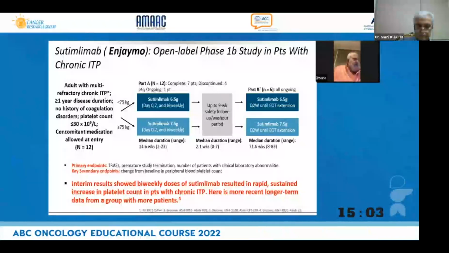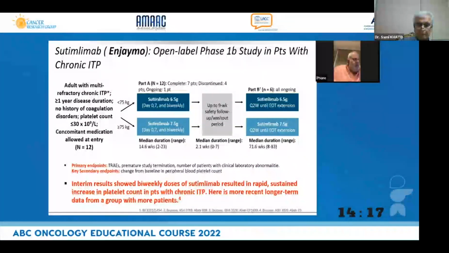They were randomized by weight, more than 75 kilograms and less than 75 kilograms, to receive the drug at a dose of 6.5 grams for less than 75 and 7.5 for more than 75, with a median duration of around 14 weeks, followed by a second phase of the trial, which is the safety phase, and a washout period of 2 to 3 weeks.